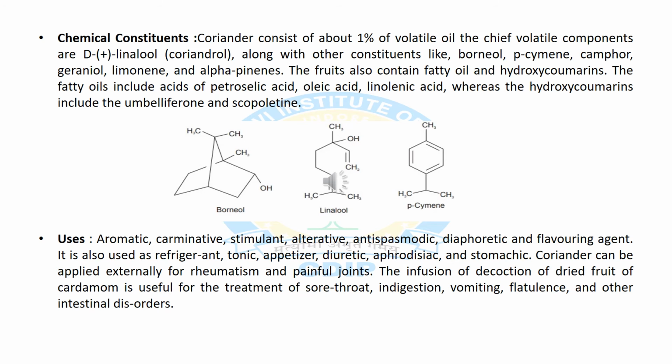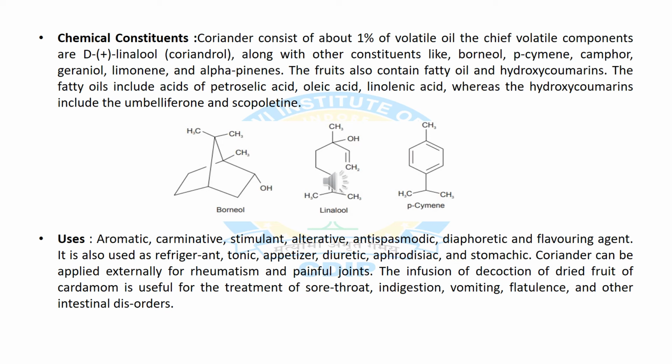Now we will discuss various chemical constituents present in coriander fruit, and these are volatile oils like linalool, borneol, p-cymene, camphor, geraniol, limonene, alpha-pinene, etc. It also contains fatty oils like petroselinic acid, oleic acid and linoleic acid. Now we will discuss various therapeutic uses of coriander fruit.